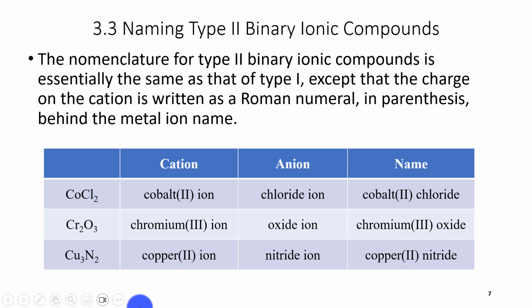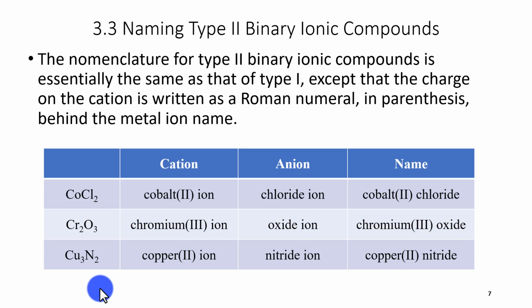So if I just write copper nitride, well, I don't know if I'm talking about copper 1 nitride or copper 2 nitride. They are two different compounds with two different ratios, with two different formulas, and they have different physical and chemical characteristics. So I have to specify which copper nitride I'm talking about.